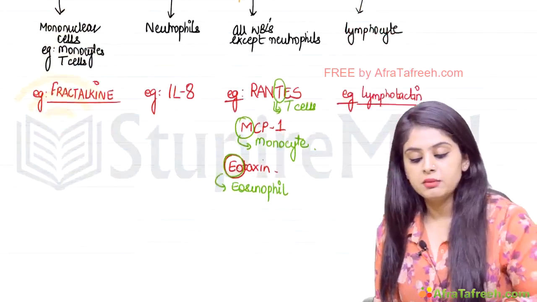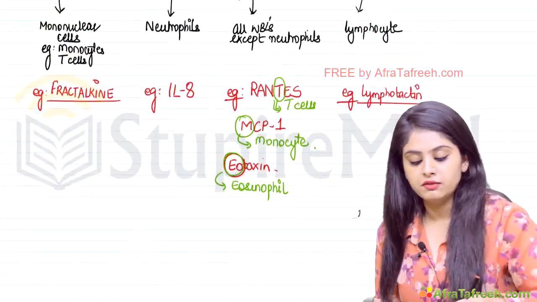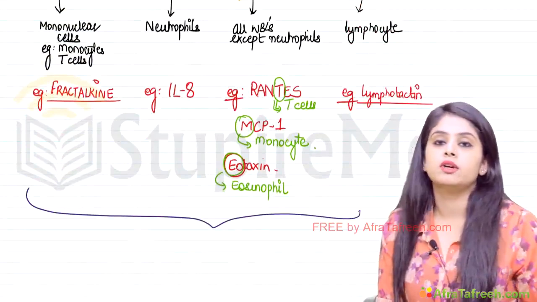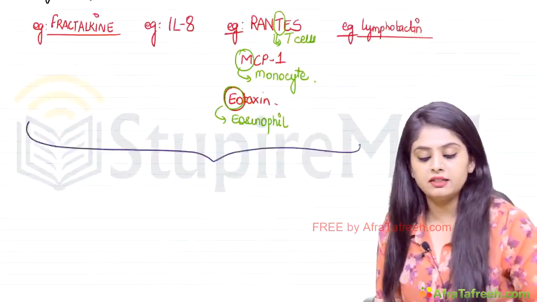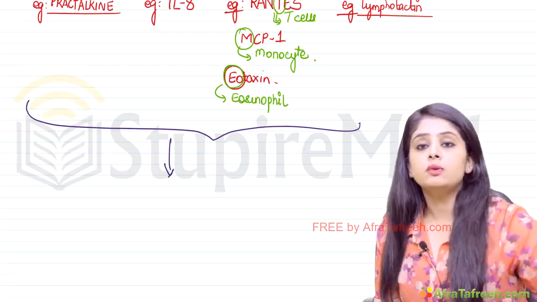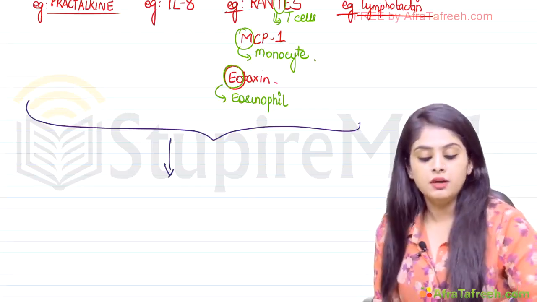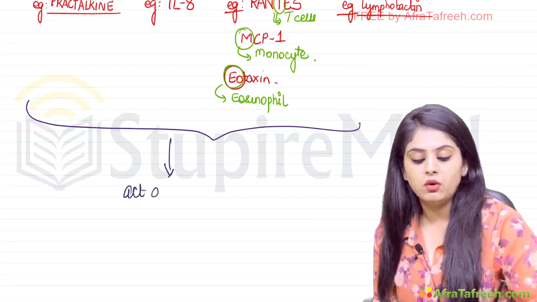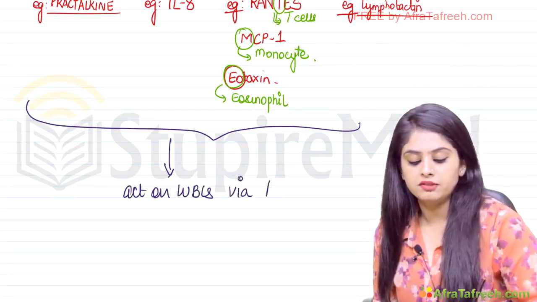Now one last thing before we proceed on is that whatever may be these chemokines, any of the categories, how are they going to cause the movement, or how are they going to attract the WBCs? Because they are going to act on the WBCs via receptors.